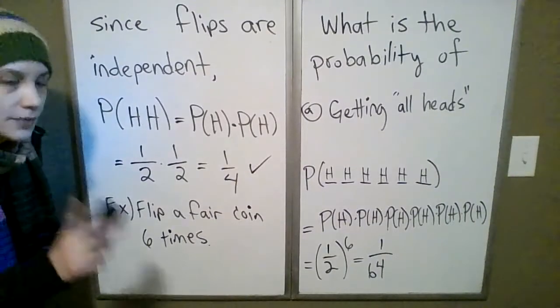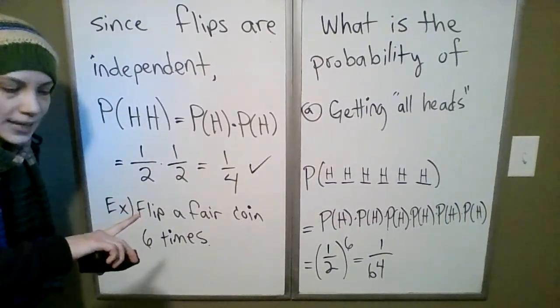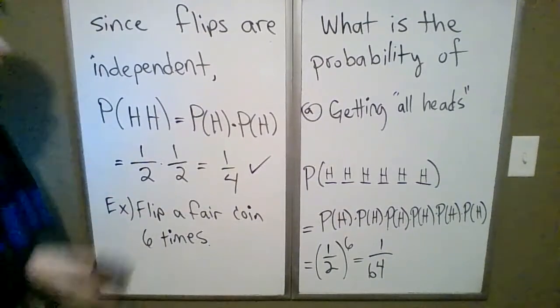Part B finds the probability of getting either all heads or all tails.